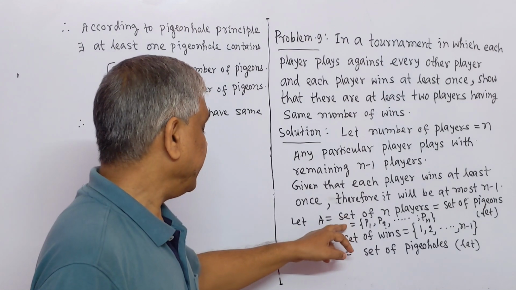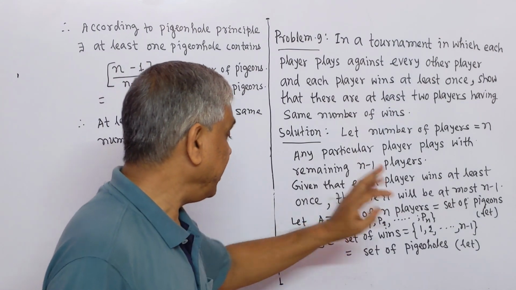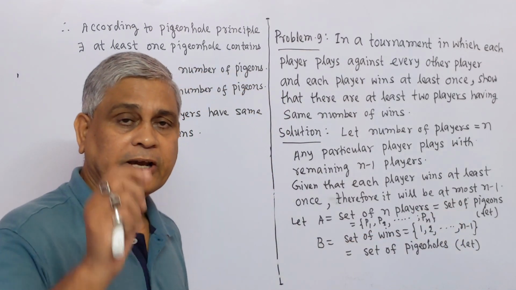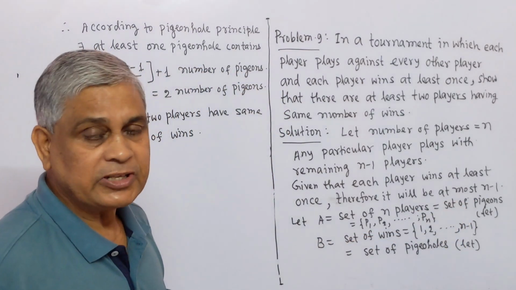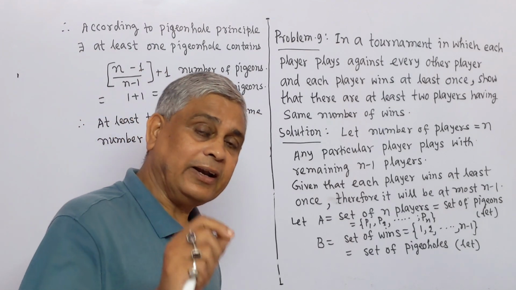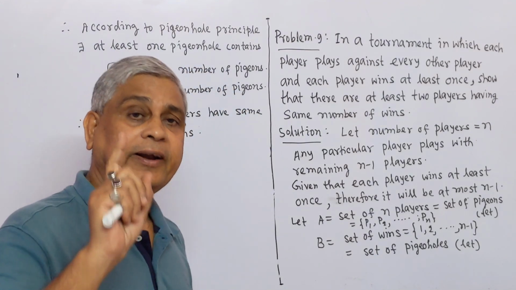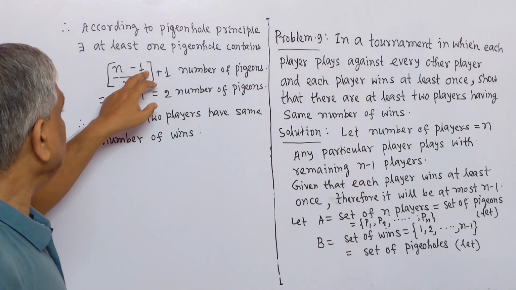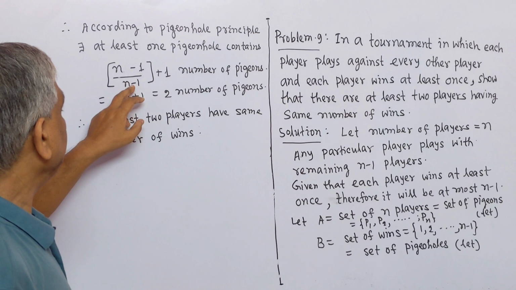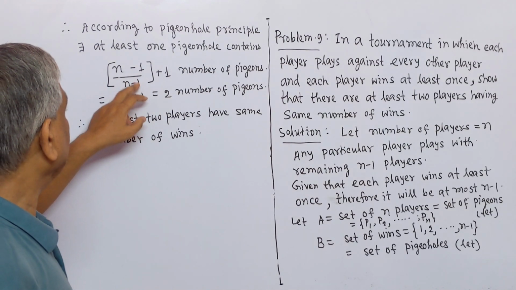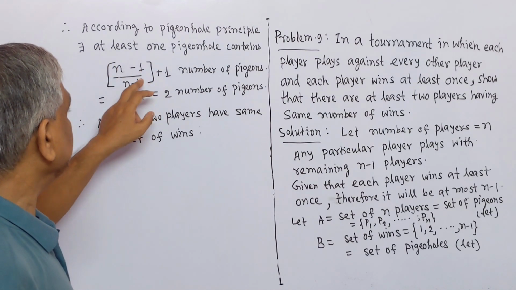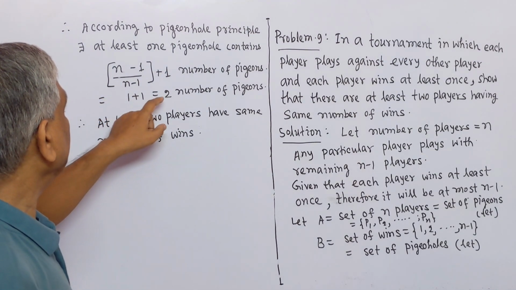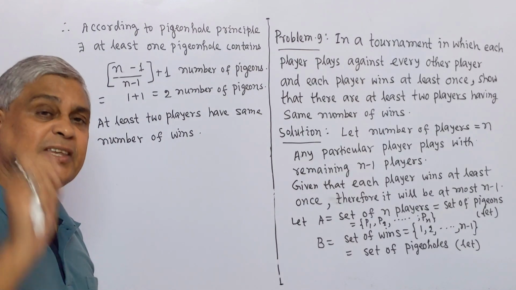Here we get the number of pigeons is n, and the number of pigeonholes is n minus 1. Therefore, according to the pigeonhole principle, at least one pigeonhole contains the greatest integer of (n minus 1) divided by (n minus 1), plus 1, which is equal to 1 plus 1, equal to 2 pigeons.